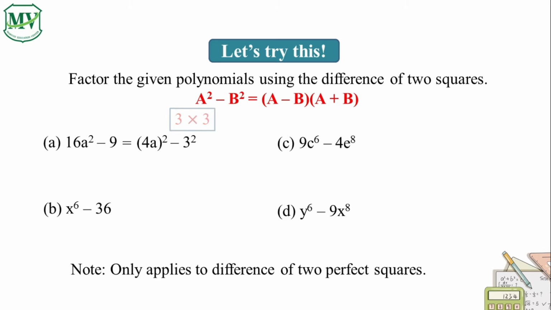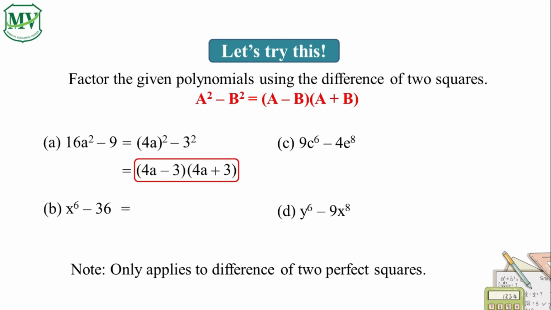Here we can see that the two terms are perfect squares. Now, we can proceed to the next and the last step. Write the first quantity with the difference of the factors of the two terms. Then write the second quantity with the sum of the factors of the two terms. Easy, right?